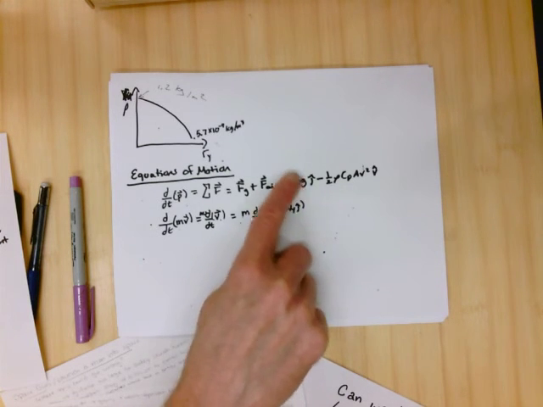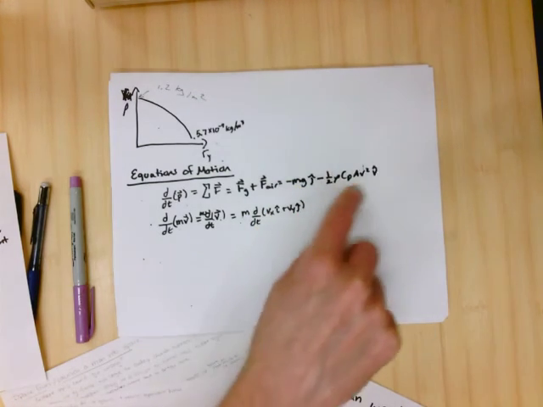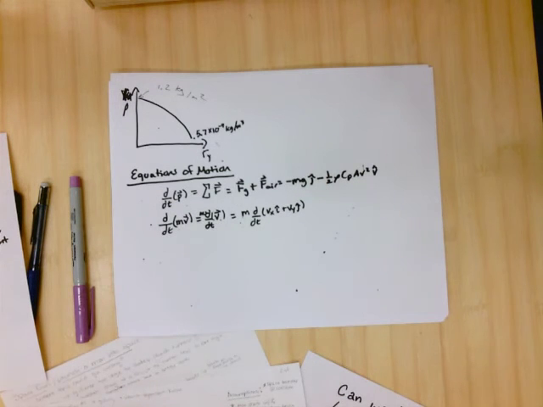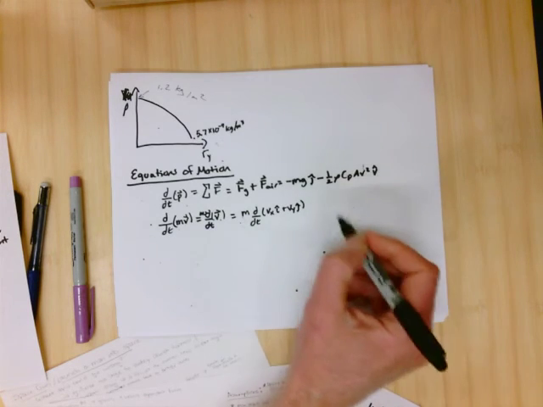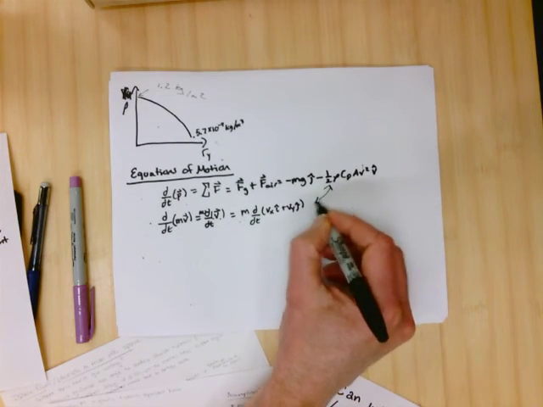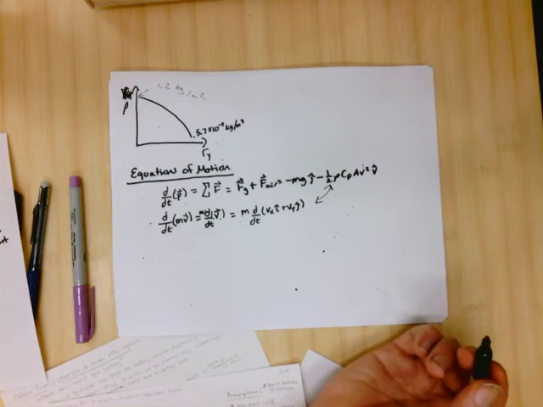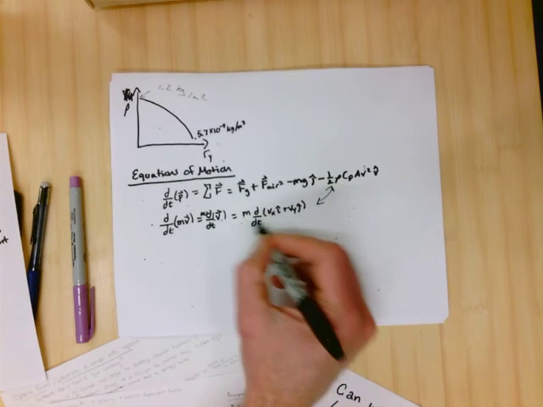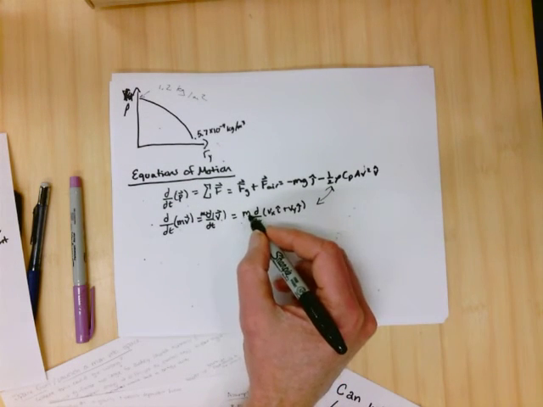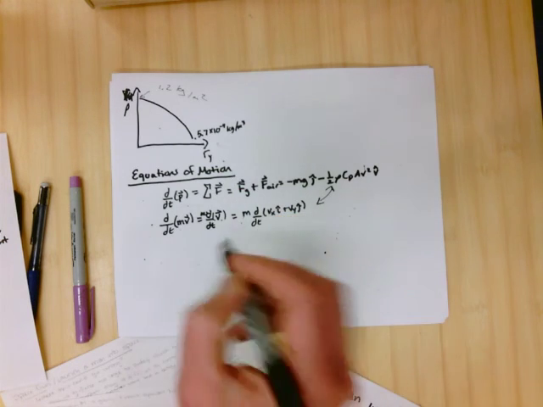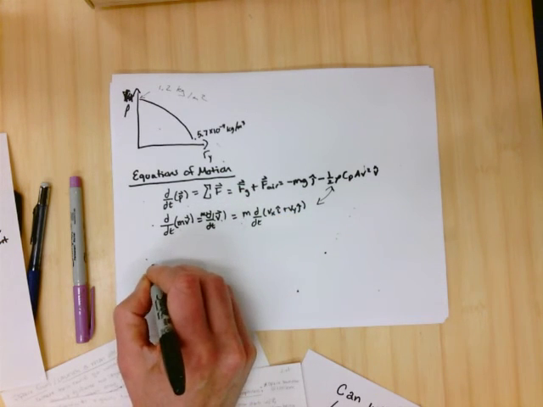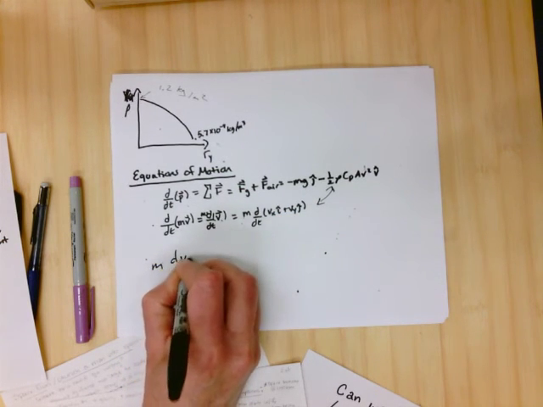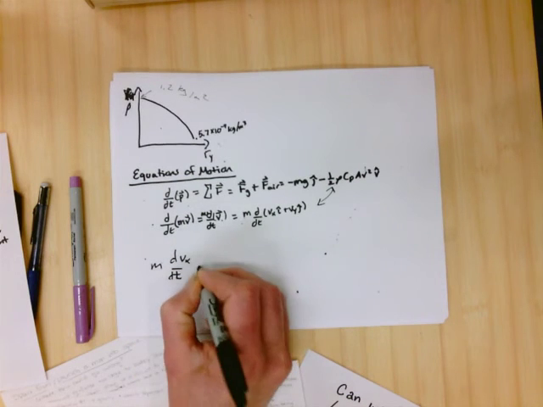So if I write one of the equations, I'll write m times dvx by dt, the mass times the acceleration in the x direction, is equal to the sum of forces in the x direction. Well, the gravitational force doesn't give me any force in the x direction. There will be some x component to the drag force, so it'll be minus 1/2 rho Cd A v squared, and then whatever the x component is of the direction of the velocity.